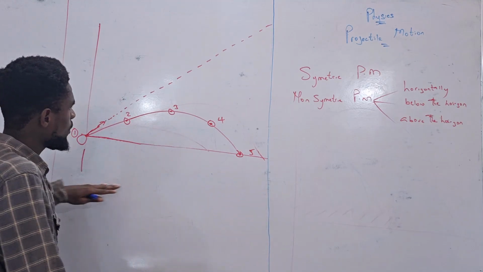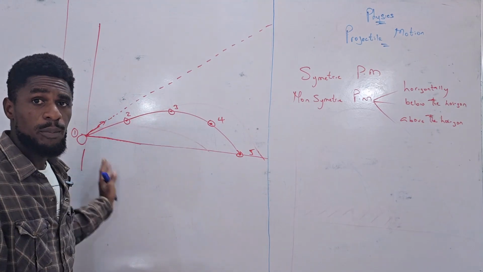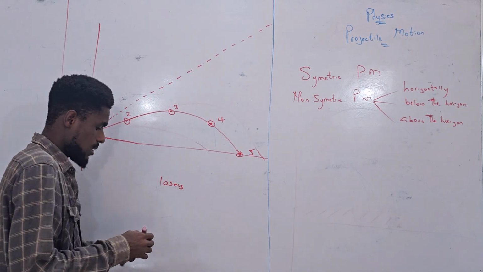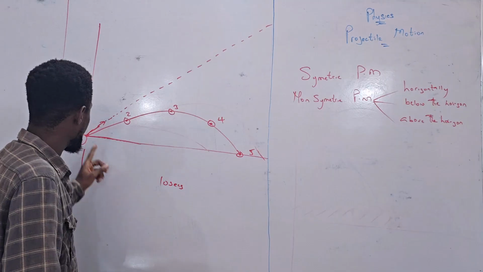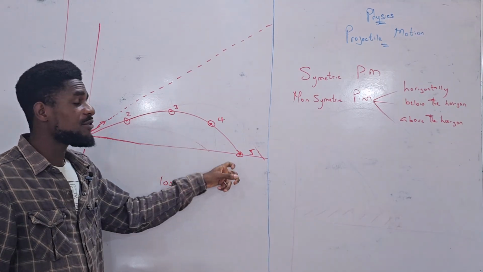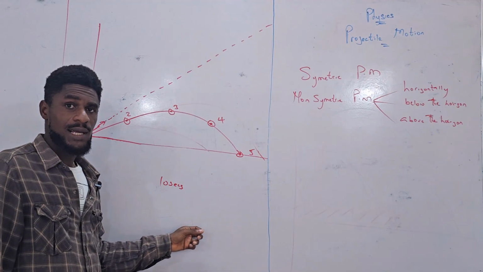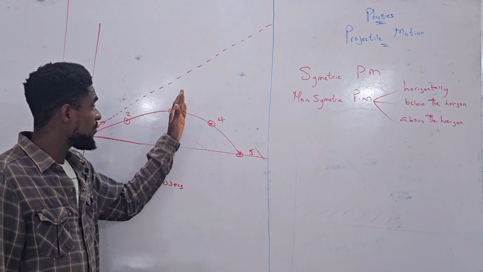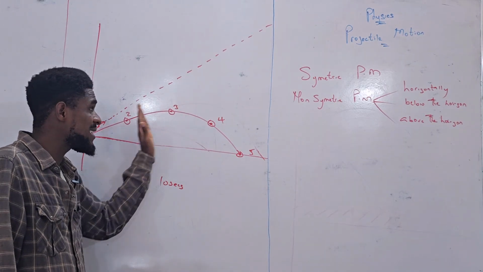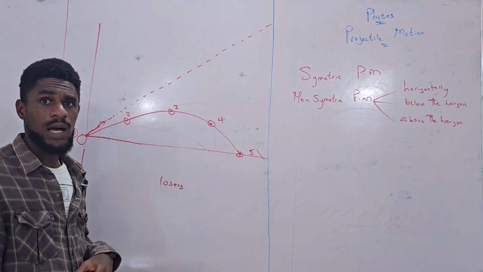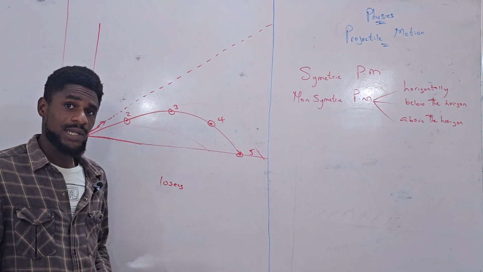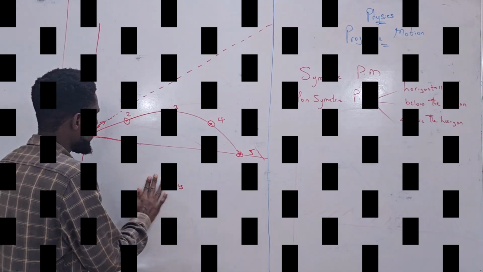So if the time taken from point 1 to 5 is, let's say, 10 seconds, then if this is symmetrical, from point 1 to point 3 will be 5 seconds, and from point 3 to point 5 will also be 5 seconds. So if you take this shape and divide it by the line of symmetry, you see that it divides exactly into the same opposite half. That's how we refer to it as symmetric projectile motion.